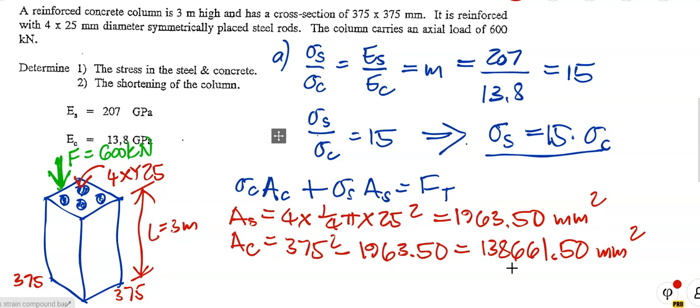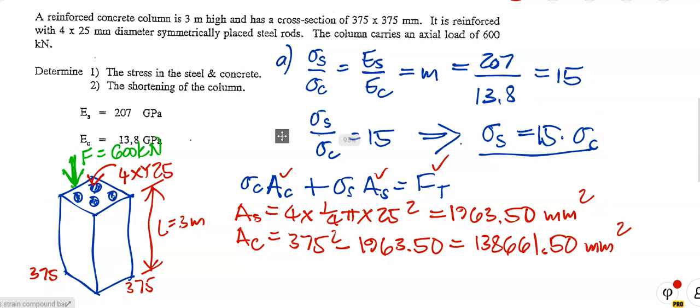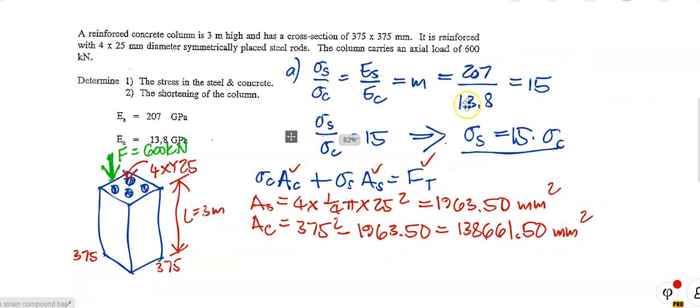Now if I look at this equation here, I've worked that out, so I know that, and I can write this in terms of that. Let's see how it pans out.